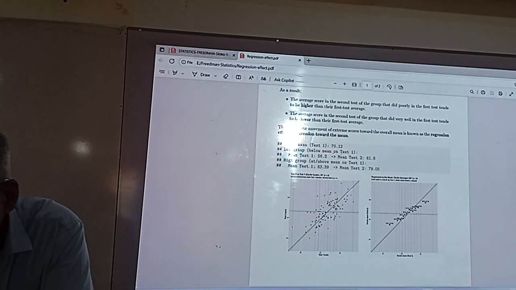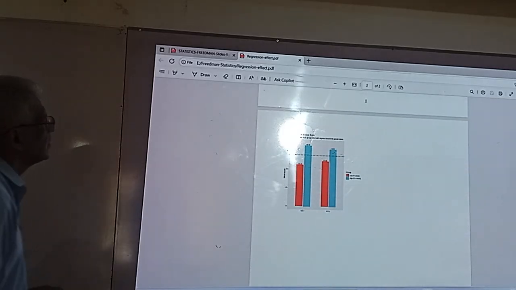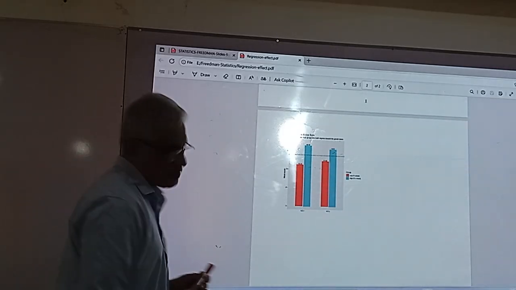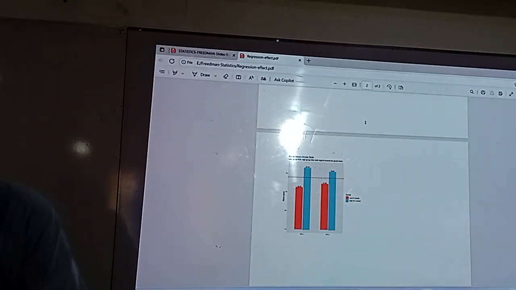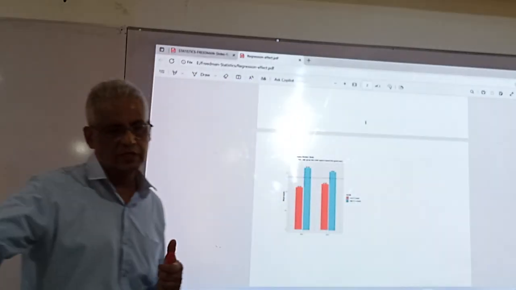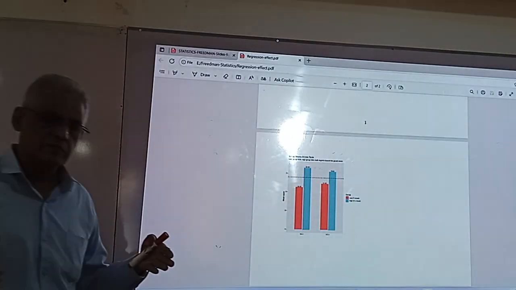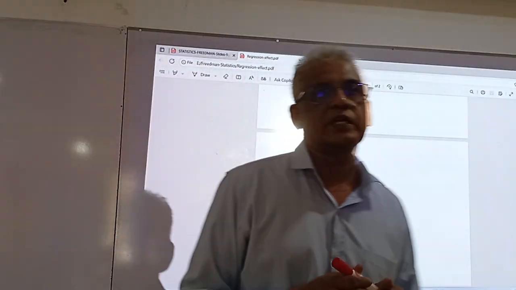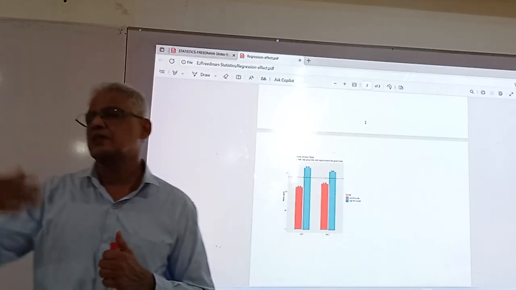So what I wanted to show here was the regression effect. I'm considering, for example, test results. Suppose the same people are taking one test and then another test. This can be done for any example, but I'm just considering a situation where a group of students takes one test, and the same people take another test.